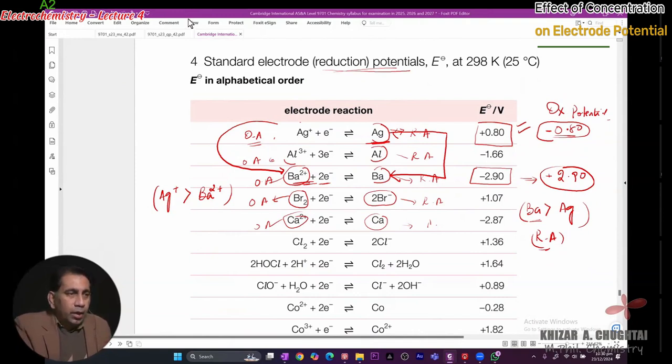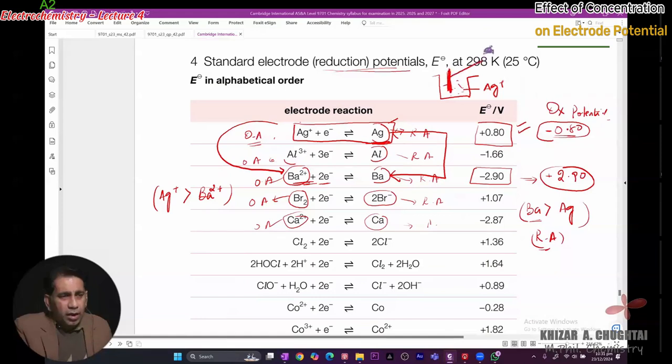Just have a look. Once again, I am going to add more silver ion into this box. This box is a half cell. Here is the Ag+ ion, and here is silver metal, and at the moment the concentration is equal to 1 mole per dm cubed, and its electrode potential, the potential to gain and lose electrons with respect to SHE, is +0.80.